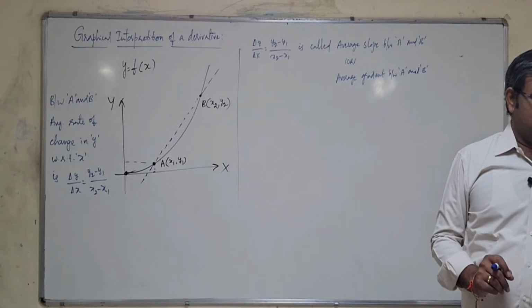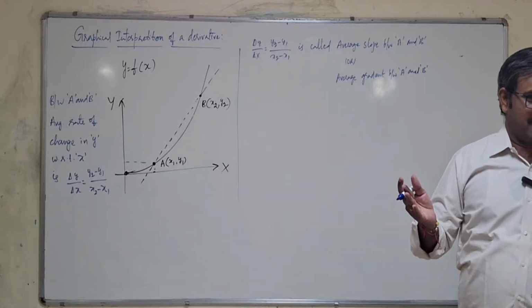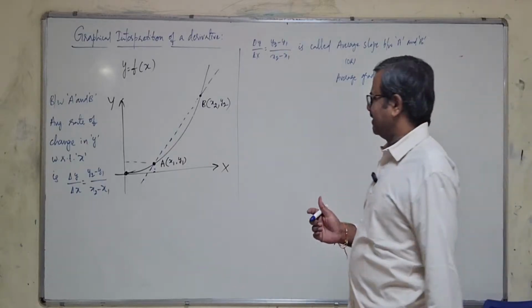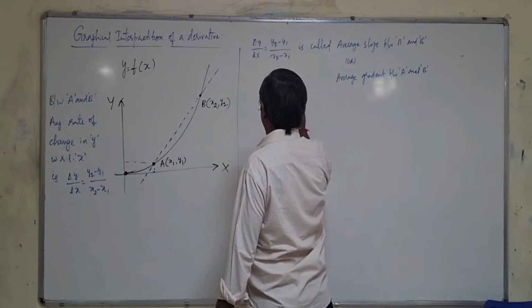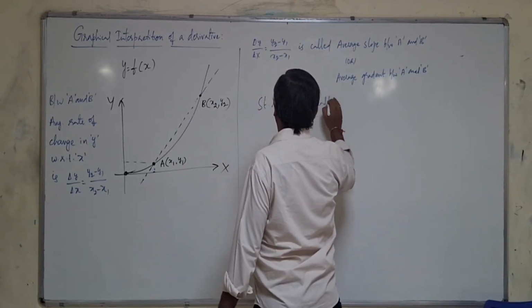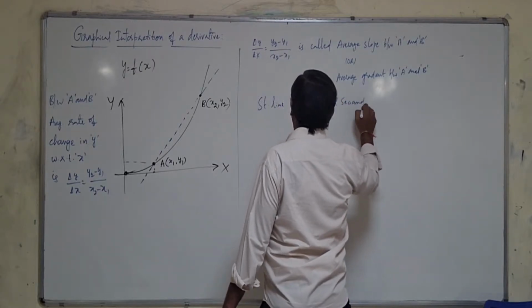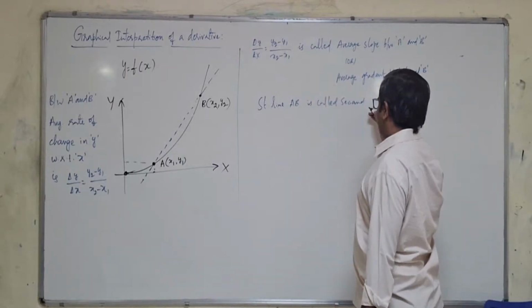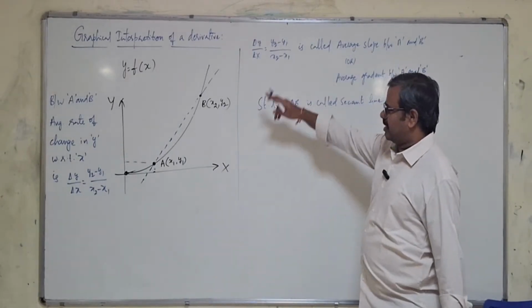No? You haven't studied 10th class. You jumped directly from 7th to inter. So this straight line AB is called a secant line. Any straight line that intersects the curve at 2 points is called a secant line. So in this case, the secant line is AB.